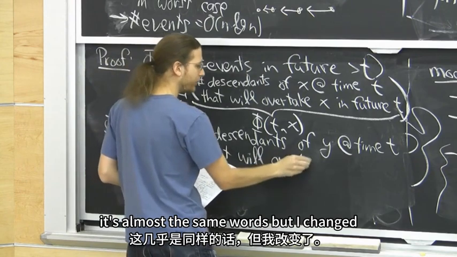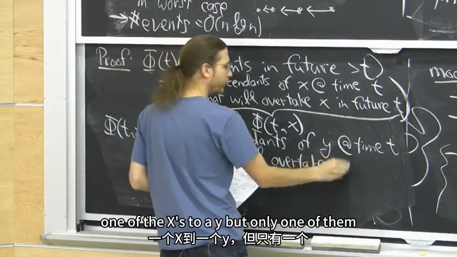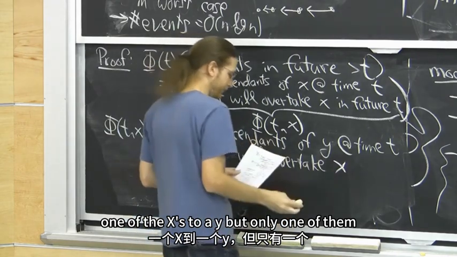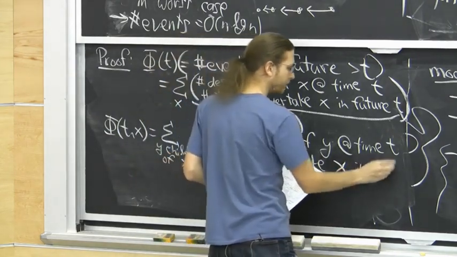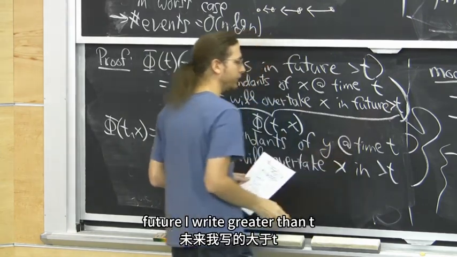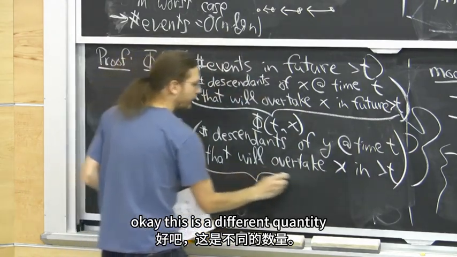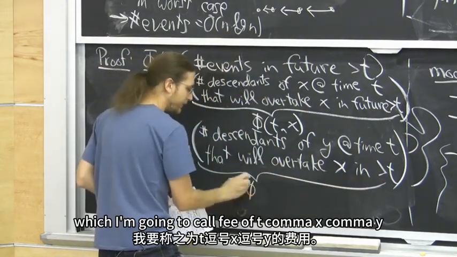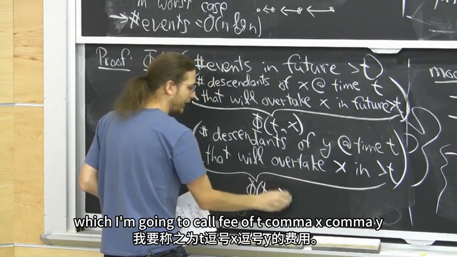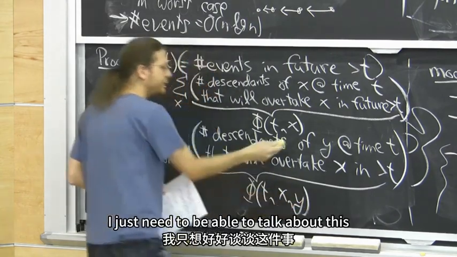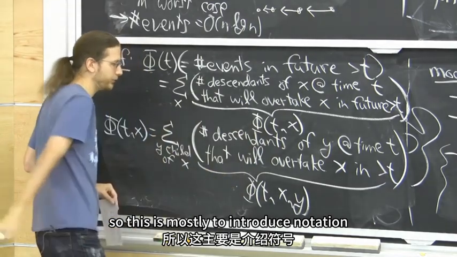So it's almost the same words, but I changed one of the x's to a y, but only one of them. So in future, I write greater than t. This is a different quantity, slightly different, which I'm going to call phi of t comma x comma y. I just need to be able to talk about this, so this is mostly to introduce notation.